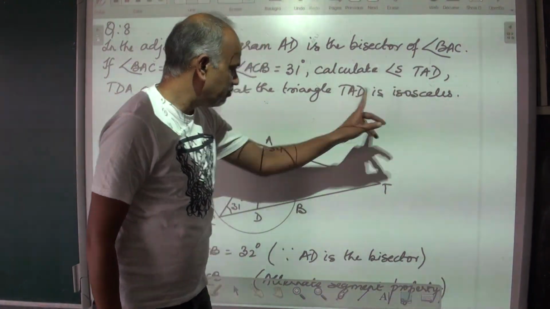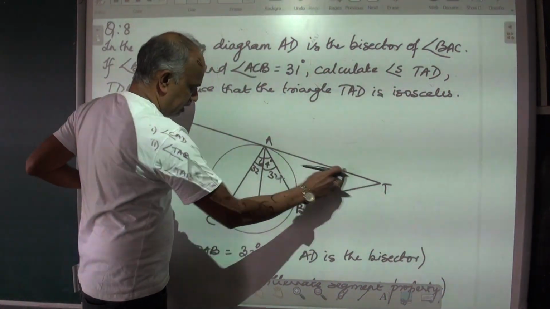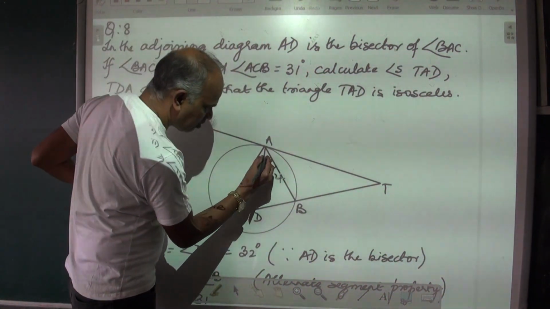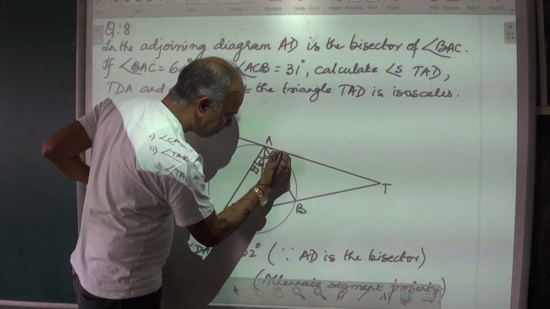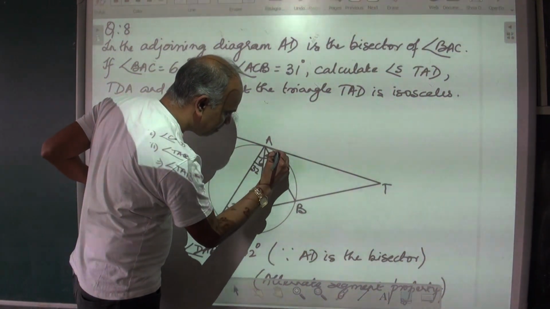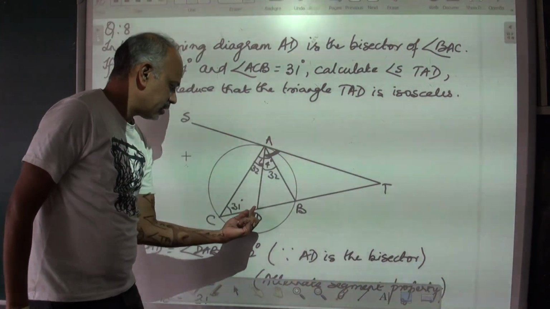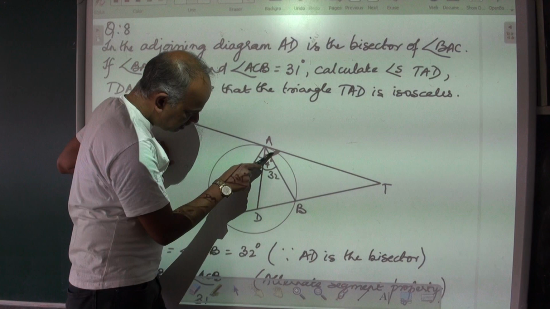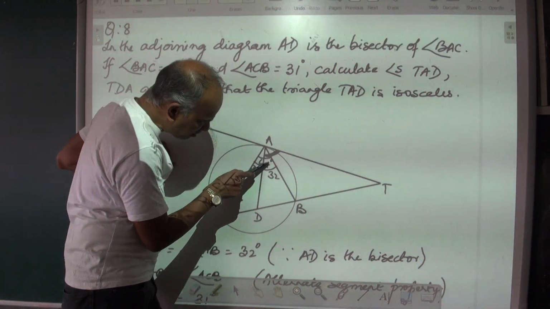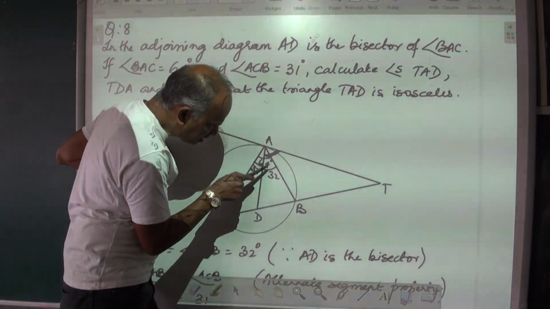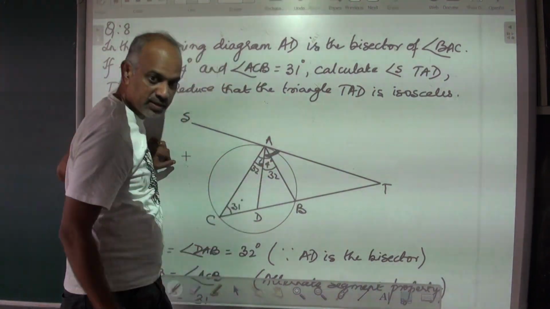Calculate angles. First one, TAD. This whole thing you find. Look at this angle. This is the whole angle. Part of it you know is 32. The remaining part you will find.